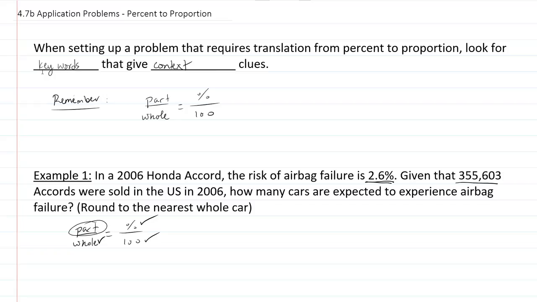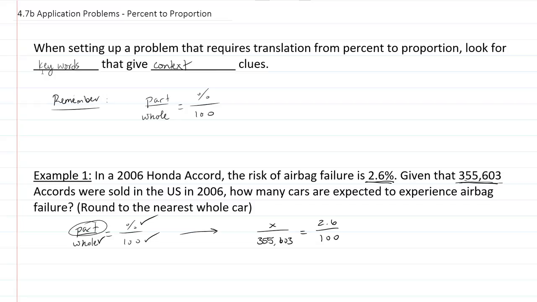So the part is the number of cars expected to experience airbag failure, or the part of this whole amount of Accords sold. So setting up our proportion, we have x, our unknown, as our part, over the whole, 355,603. And we set that equal to 2.6% over 100.